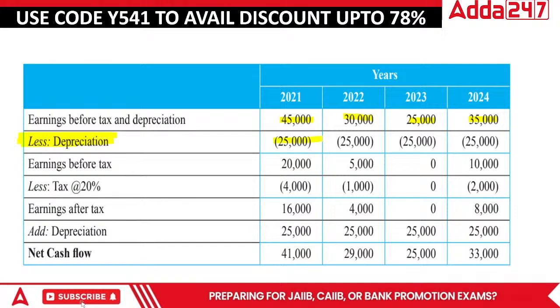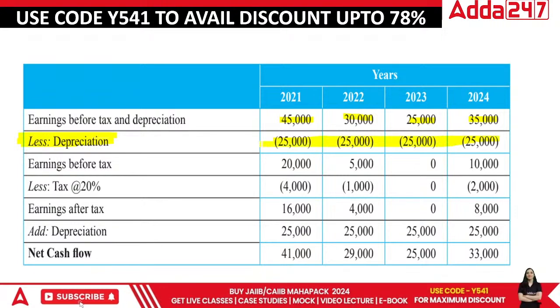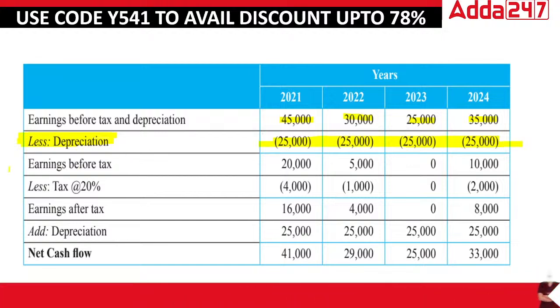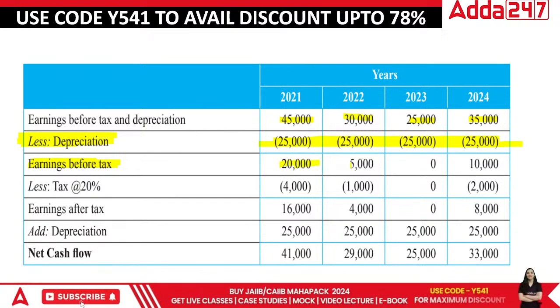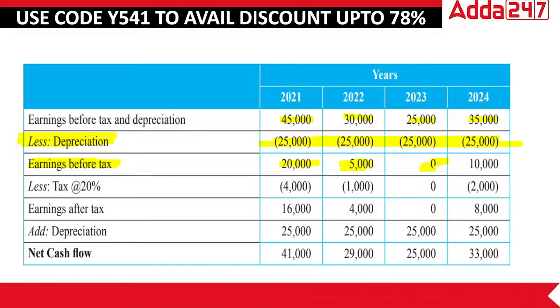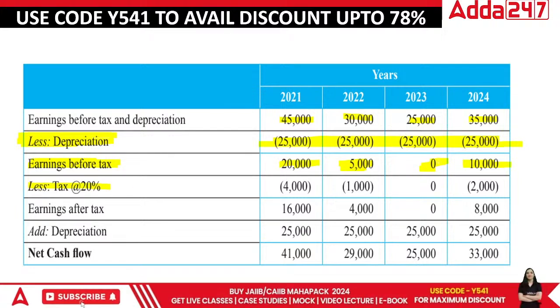So 25, 25, 25 and 25. In all these years, if I talk about earning before interest and tax, in the first year it's positive, second year it has lessened, in the third year it is zero, there is no profit, no loss. Fourth year it is 10,000. Then you remove tax, everyone. 20% of zero is again zero.